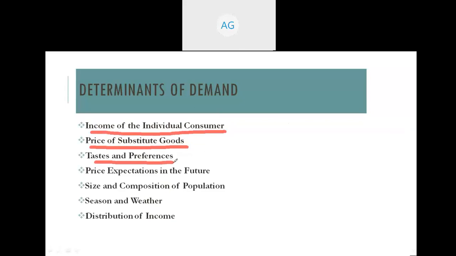Then the taste and preferences, price expectations in the future from that product. Then the size and consumption of population, season and weather, distribution of income. So these are the major determinants of the demand. Let us discuss each of these determinants one by one. So moving to the next slide.